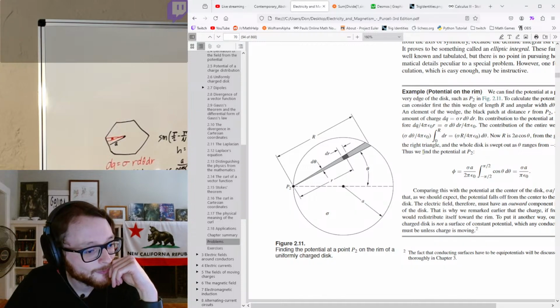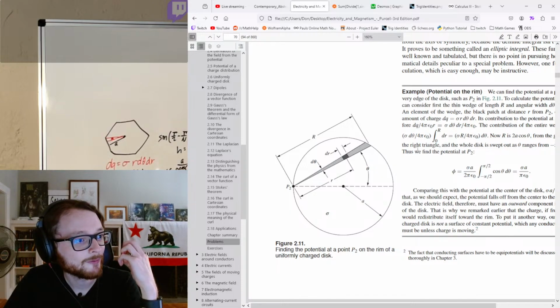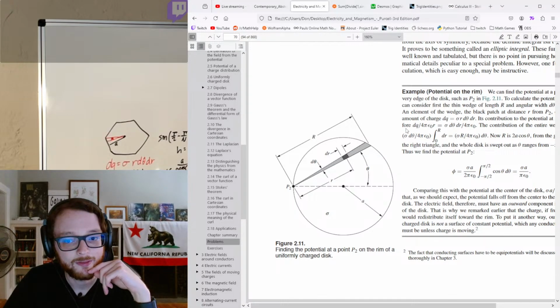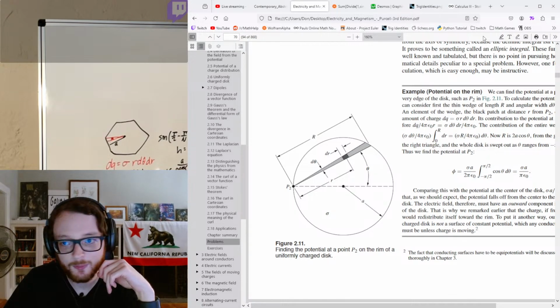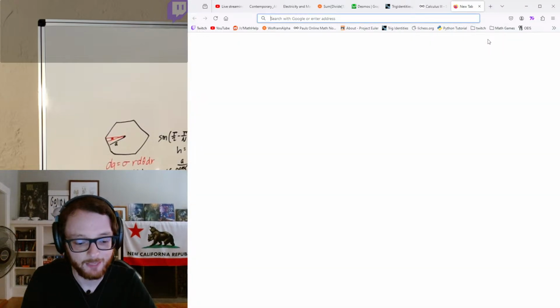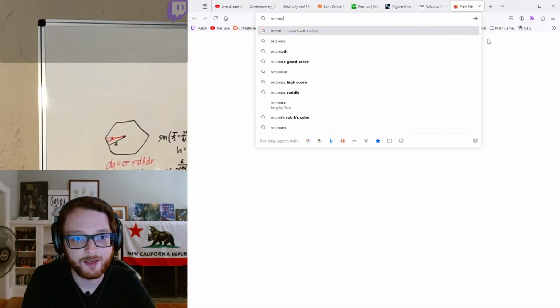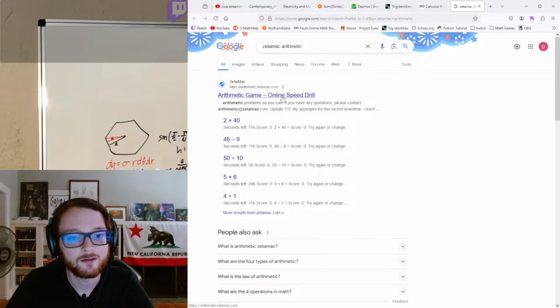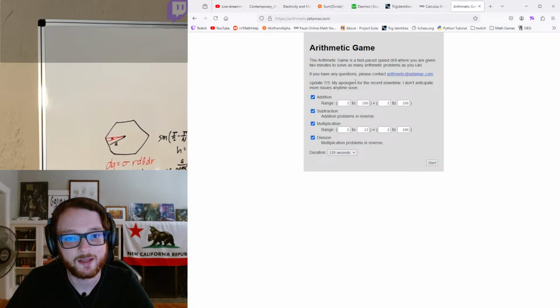And hey, Srivatsa, you want to improve your math speed? What should I do? I haven't trained my math speed specifically, but I would think just like almost any type of math, it's just going to be a lot of practice. If you're talking about mental math, I've seen people doing Zetamac.